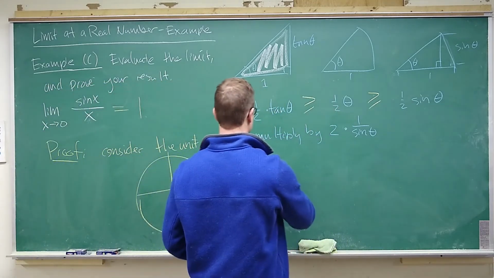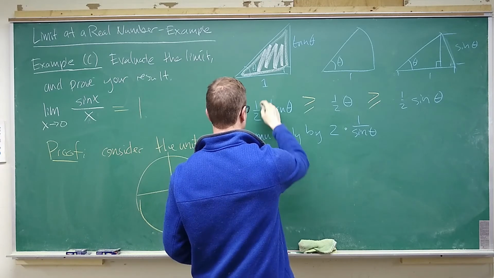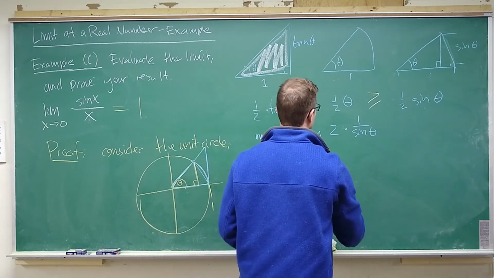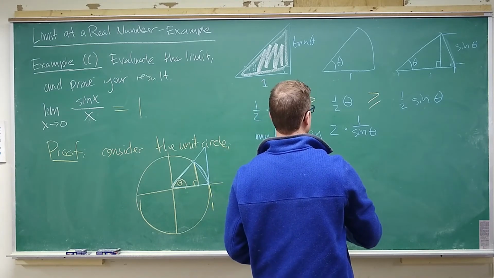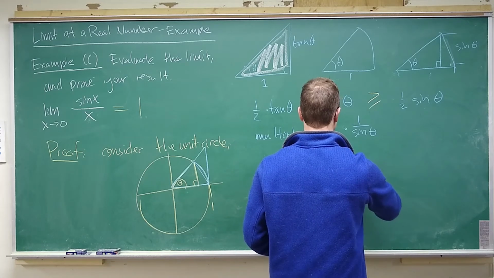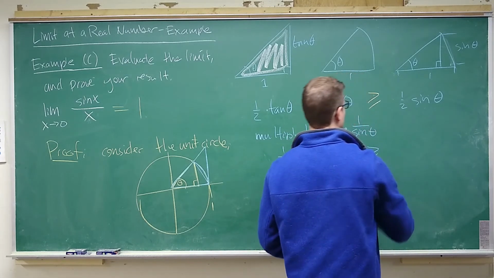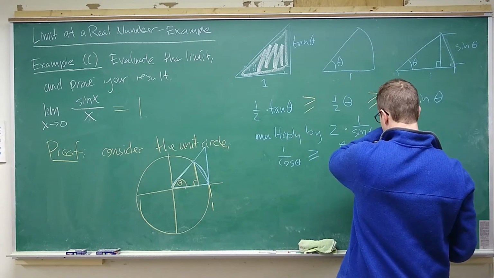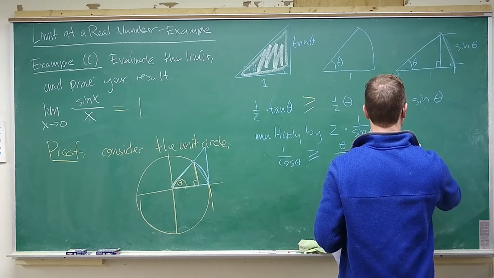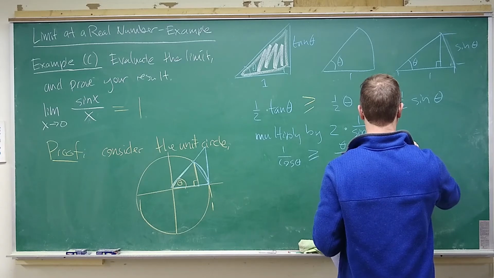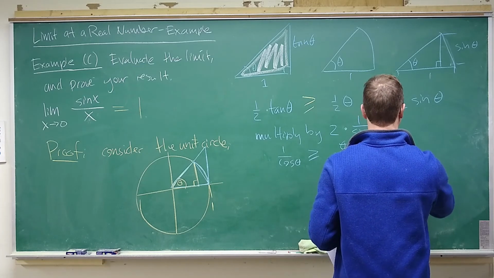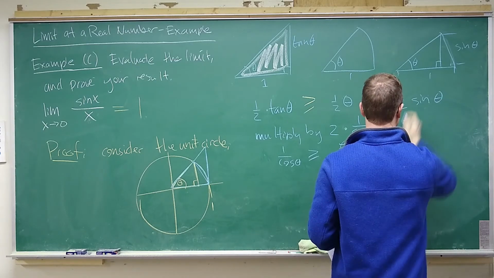So this gives us, the 1/2 is gone, so this is 1 over cosine of theta is greater than or equal to theta divided by sine of theta, which is larger than or equal to 1. Sorry, 1/2 went away. Sine went away.